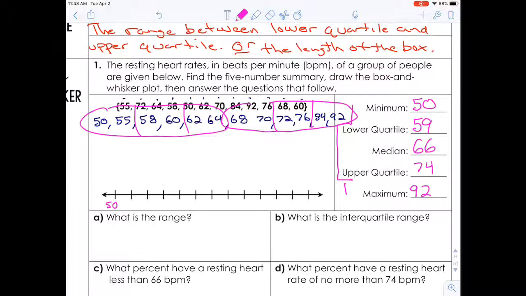So I might think, okay, well, what would happen if I counted by 5? So I'd have 50, 55, 60, 65, 70, 75, 80, 85, 90, 95, 100, 105. Okay, it looks like I would hit 95 about here.